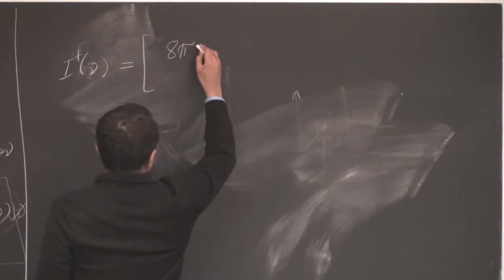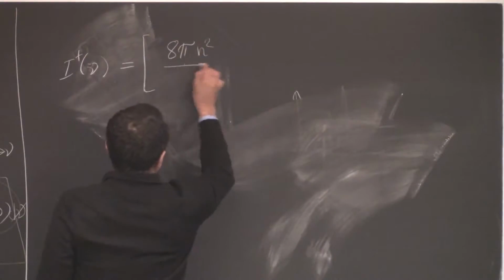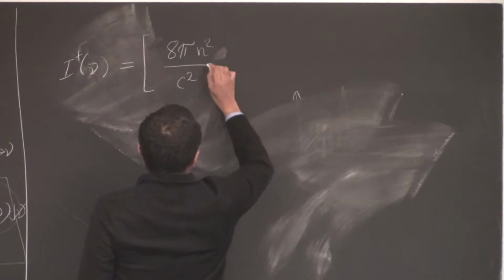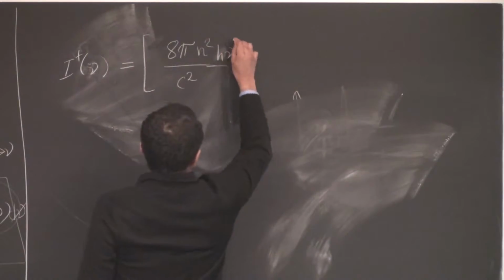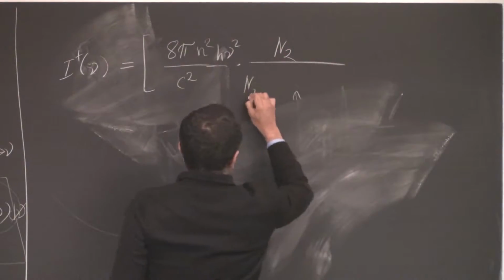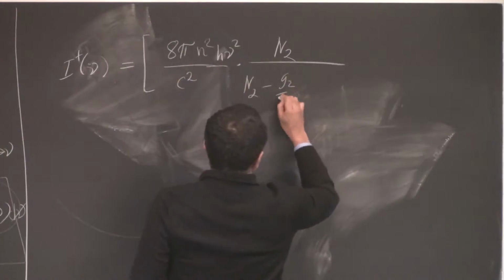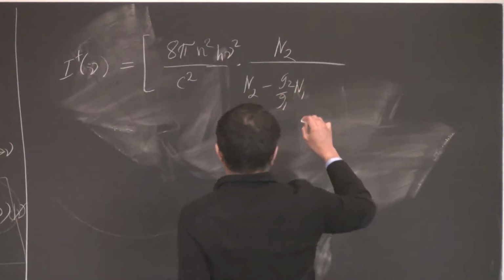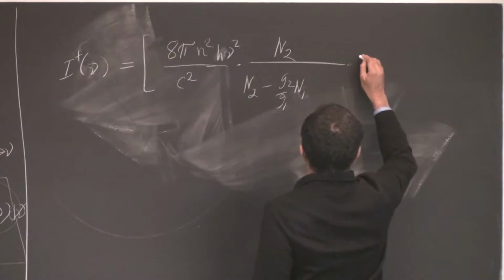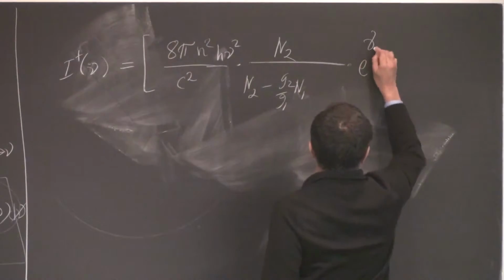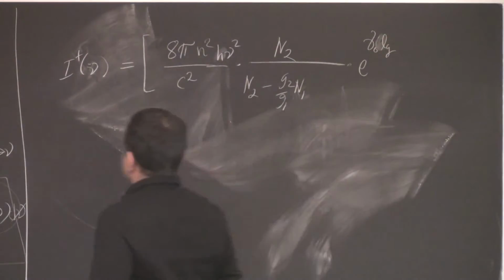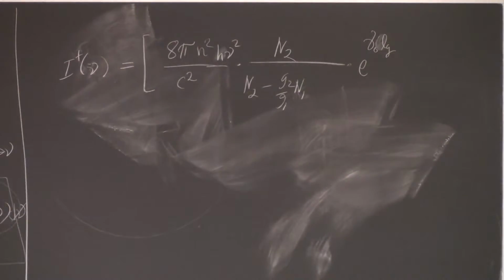Let me just write that down. 8 pi n squared over c squared over h nu squared times N2, and times e to the power gain times the length of the cavity, or at any z.